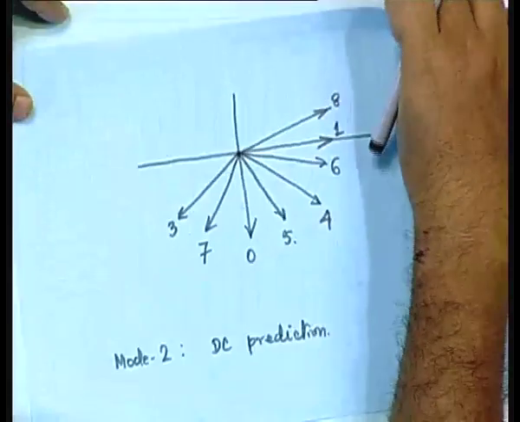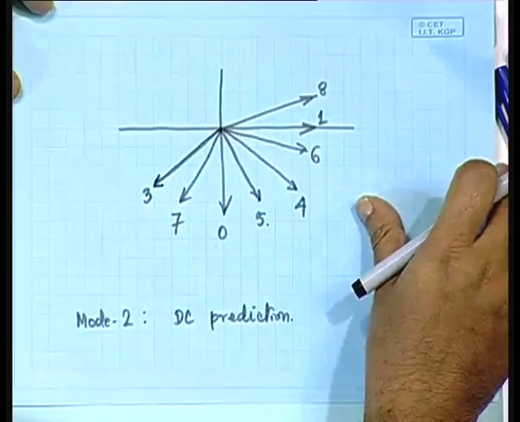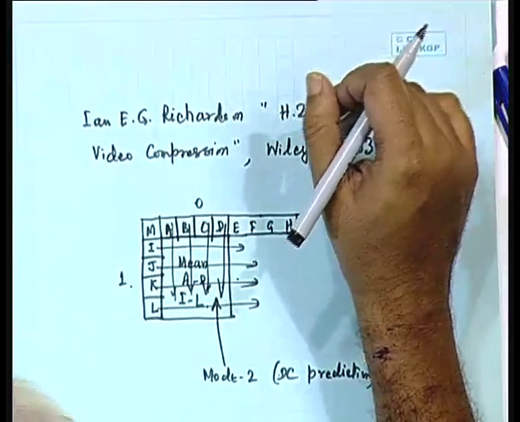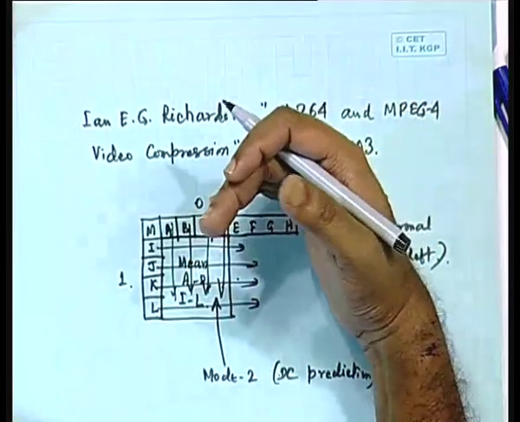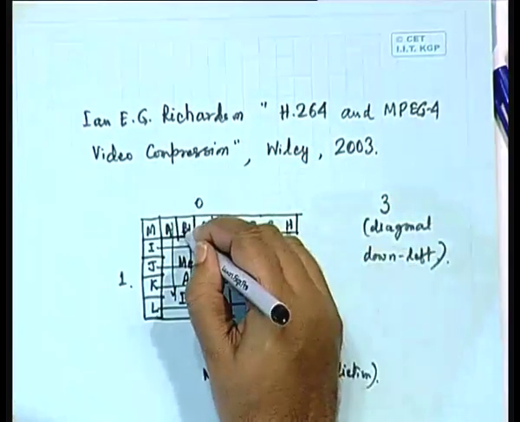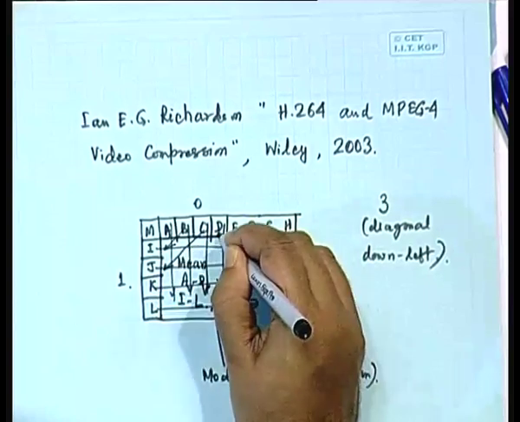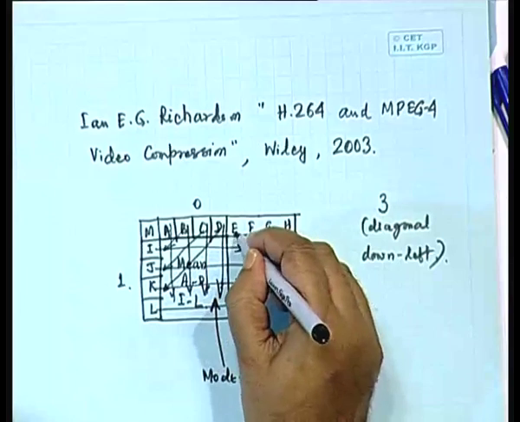So, direction 3, as I have shown, is this one. So, it is diagonal down left. So, how can we have directional propagation of diagonal down left? What is being done is that in that case B comes here, C propagates along this, D propagates along this, E propagates along this.